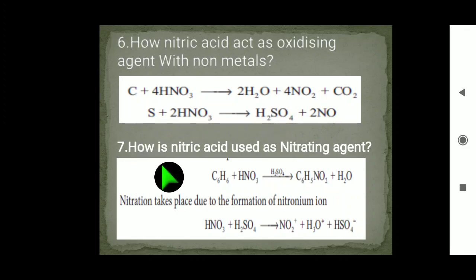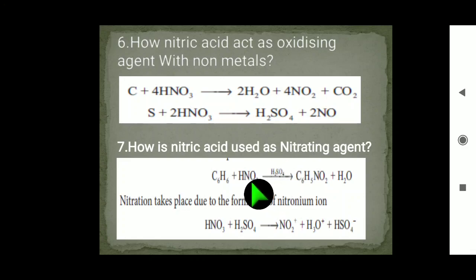Okay, question number 7. How is nitric acid used as a nitrating agent? Nitrating agent means a nitration reaction takes place in organic reactions. Here a nitrating mixture is used. Nitrating mixture means sulfuric acid and nitric acid both are mixed.